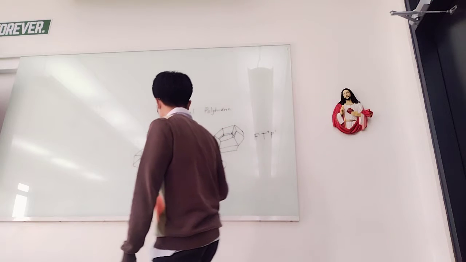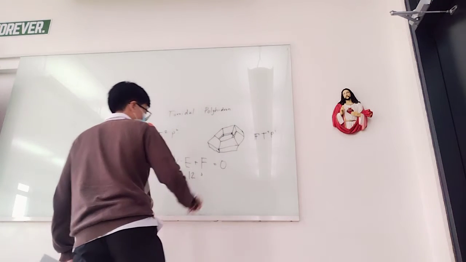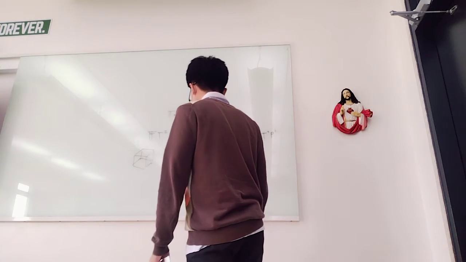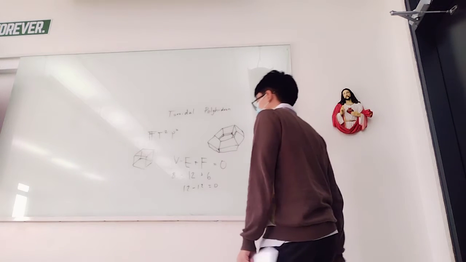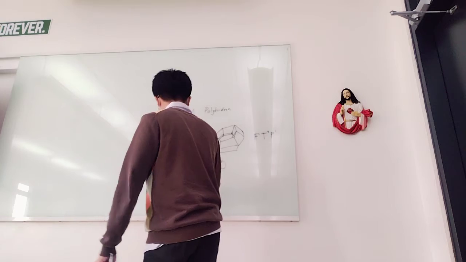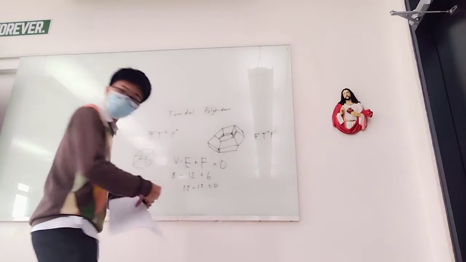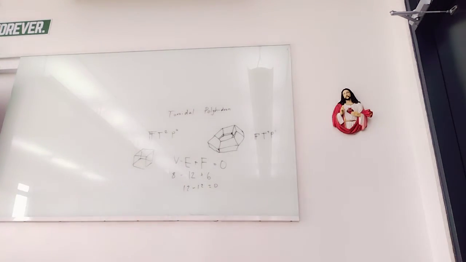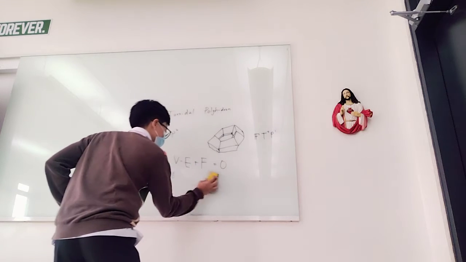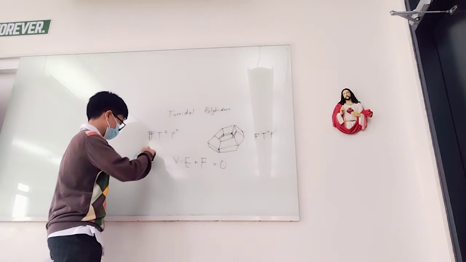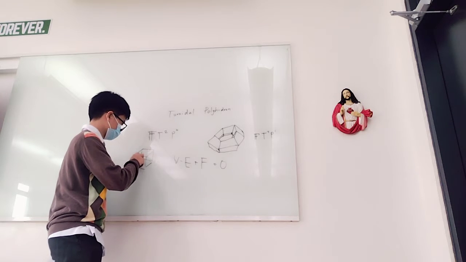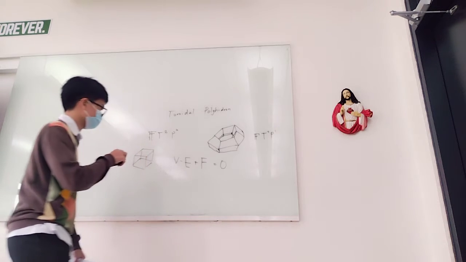And then how many faces? 6 faces. So yeah, this is a 12 minus 12, 0. Actually, no, that's wrong. Let's recount that again. So 1, 2, 3, 4, 5, 6. 1, 2, 3, 4, and then times 6 is.